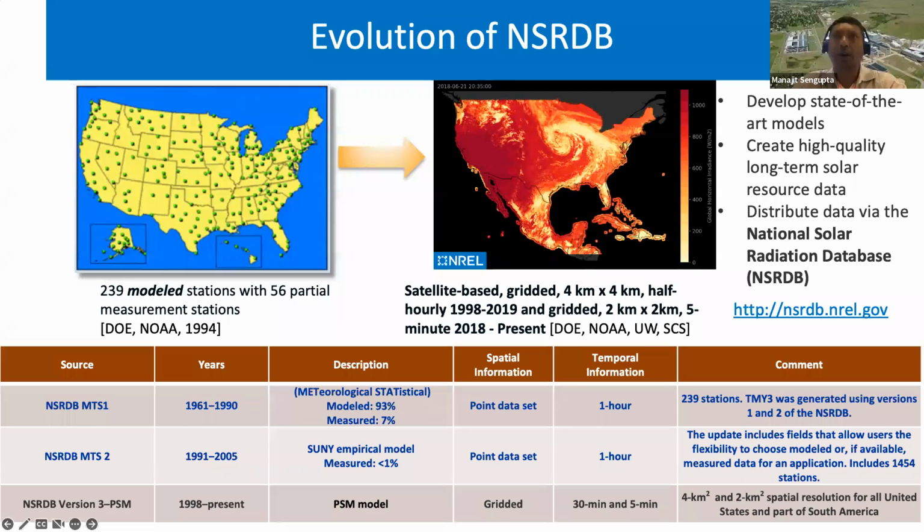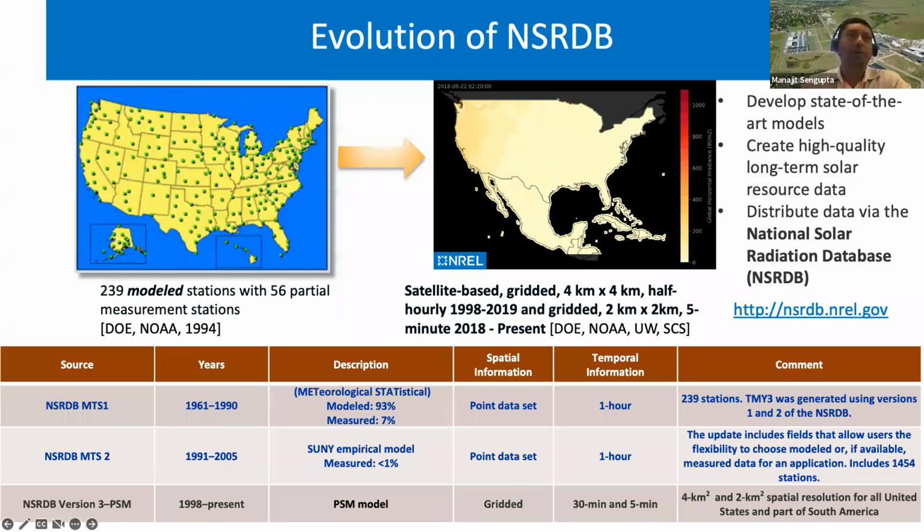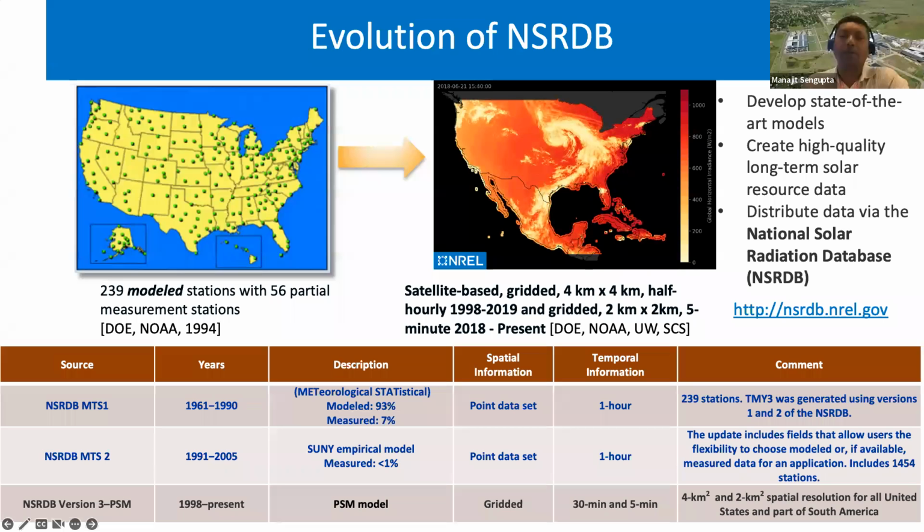While 2021 has been released, we are currently uploading 1998 to 2020 with the latest data. It'll soon be available, probably within a week. It's just a slow process because it's a huge volume of data. Next slide, please.